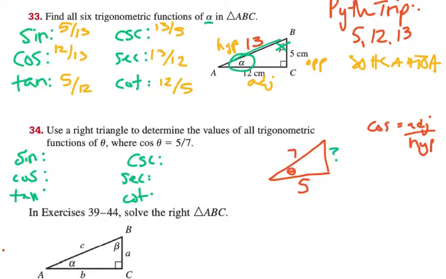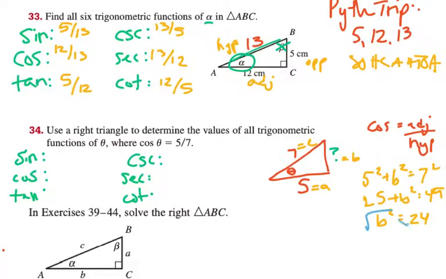The Pythagorean Theorem says that if we calculate this with a C value, and this with A, and this with B, we're going to be able to solve 5 squared plus B squared equals 7 squared, or 25 plus B squared equals 49. Or subtracting 25, we're going to have B squared equal to 24, which does not square root nicely, so the square root of 24 is your B.